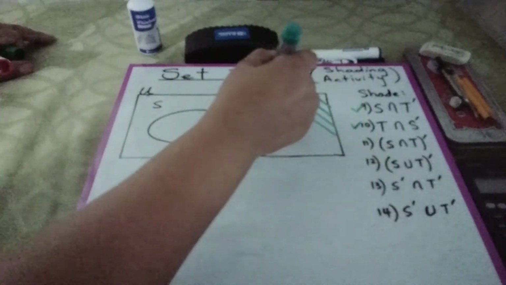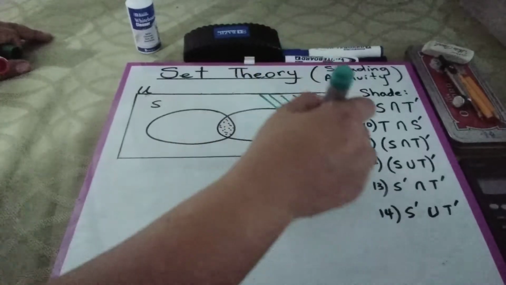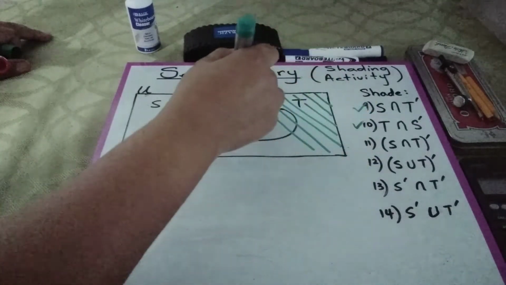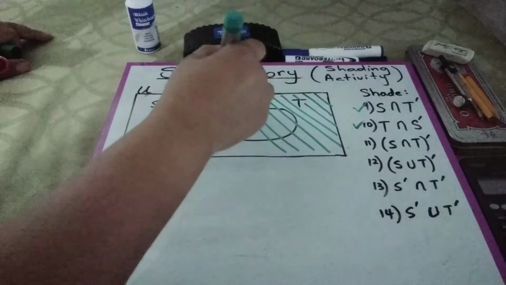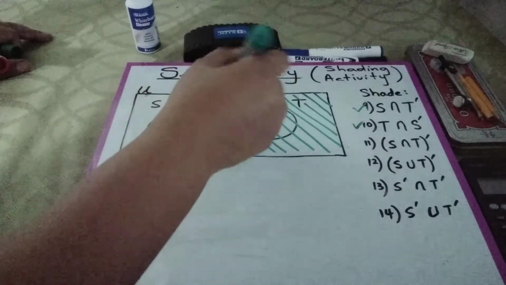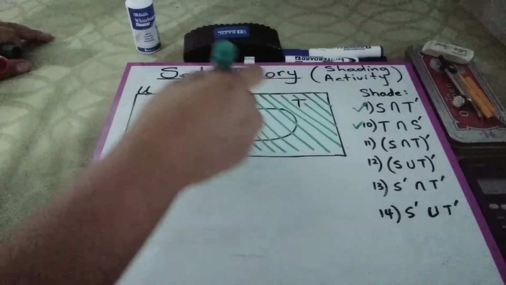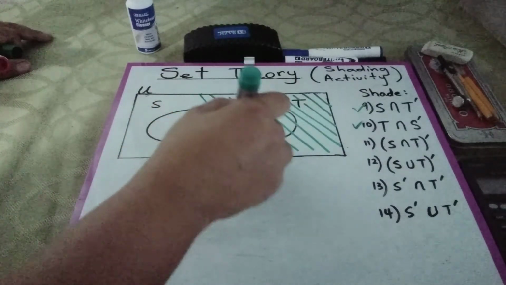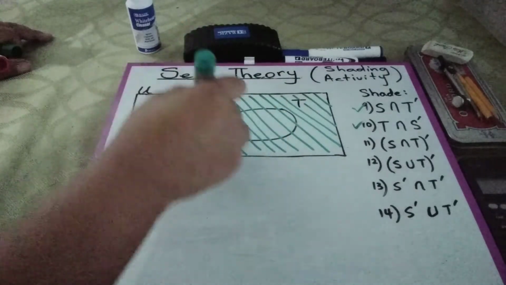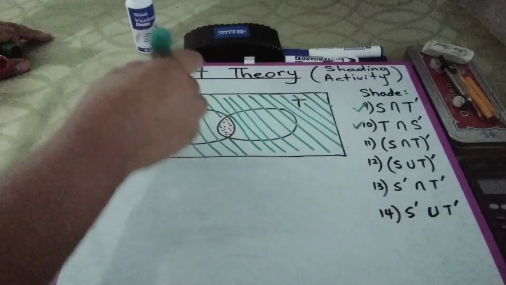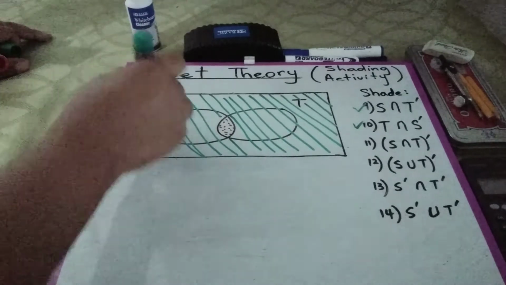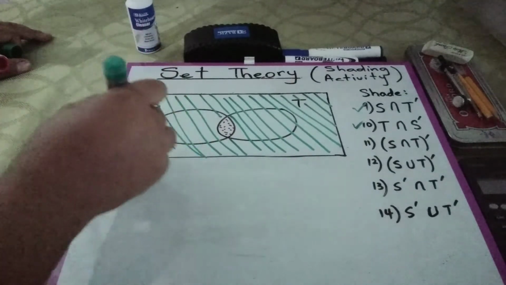So the result would be everywhere you see the green stripes, green lines. So everything except in the middle where S intersect T. There we go.